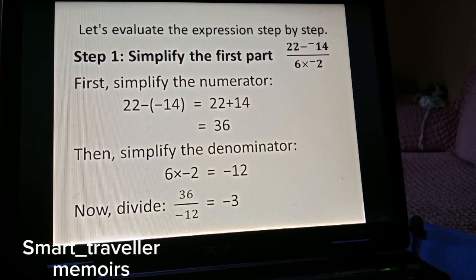So let's evaluate the expression step by step. Step 1, simplify the first part. 22 minus negative 14 over 6 times negative 2.